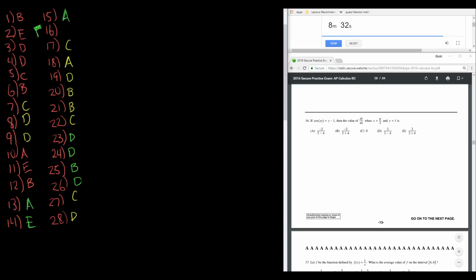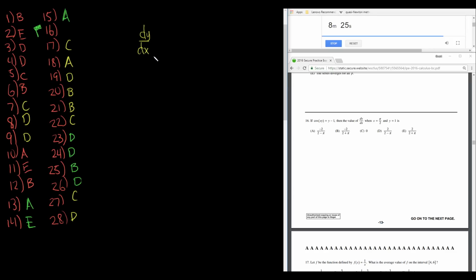On the right-hand side, we get dy/dx, and then negative 1 just goes to 0. On the left-hand side, we get the derivative of the cosine of x times a function of x, which is going to come out to negative sine of that, x times a function of x, times the derivative of the inside, which is x times a function of x.